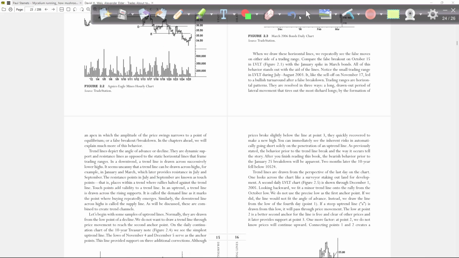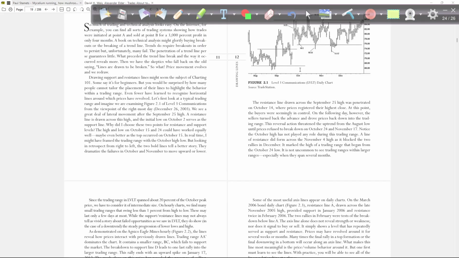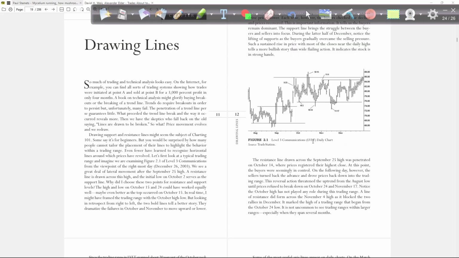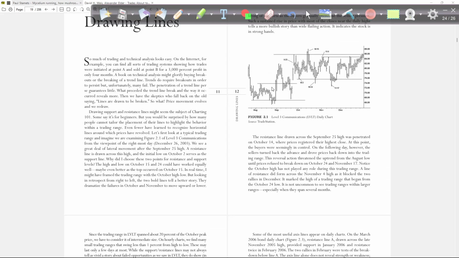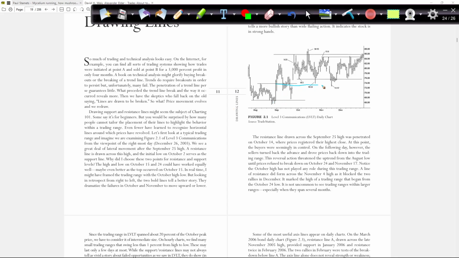So we have this July and September resistance line, which provides us touch points. These touch points are where the market did test and touch this trend line.